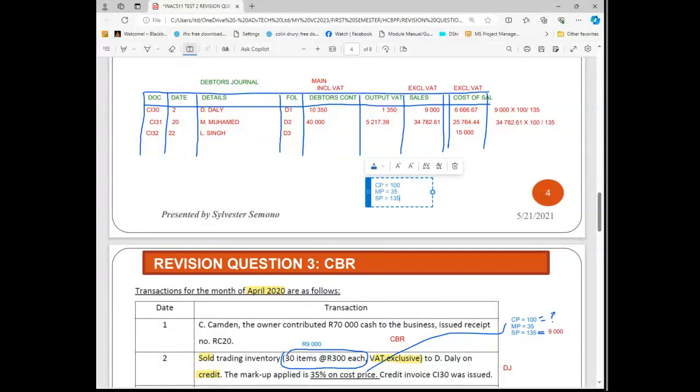So we are looking for sales. The 15,000 will go under CP. The MP is going to be 25%, and then it's going to be 125.